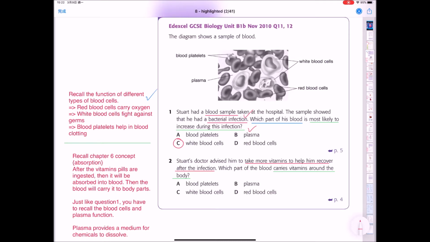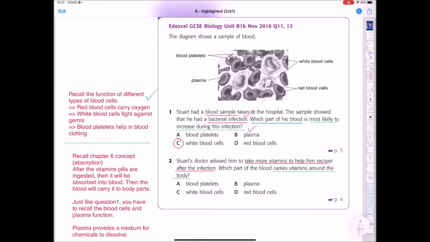The second one is about the doctor advising the patient to take more vitamins to help him recover after infection. Which part of the blood carries vitamins around the body? The basic idea is also that you need to recall the functions of the blood cells. Red blood cells carry some things, but those are not nutrients but oxygen, and maybe carbon dioxide.